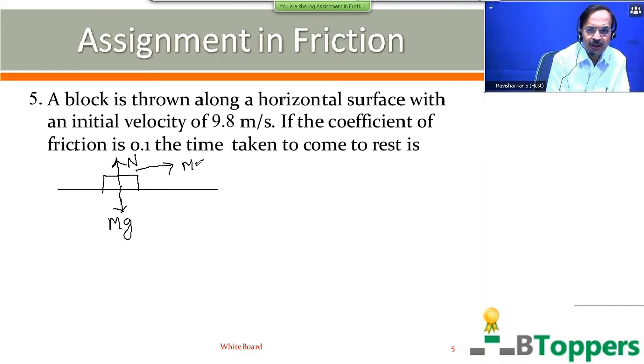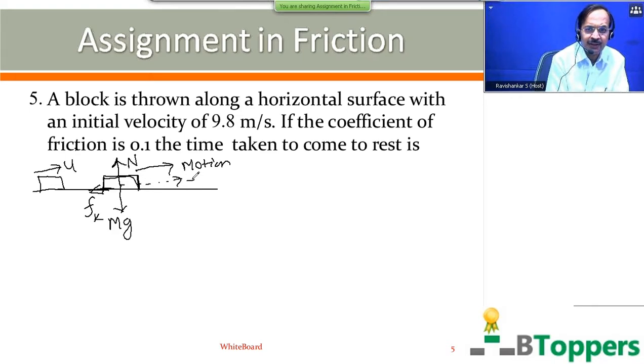So the block is thrown along the rough surface with some initial velocity u and left. So this is the position of the block at some instant during the retarded motion along the rough surface. The force of sliding friction or kinetic friction on the block by the floor acts opposite to the direction of the motion.